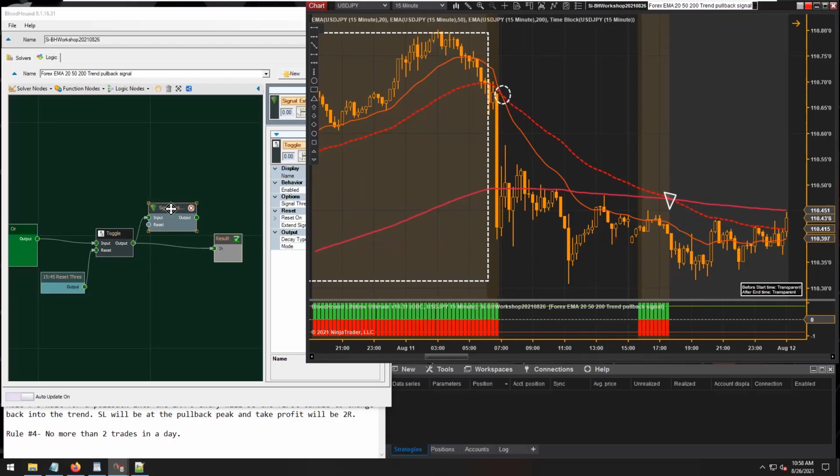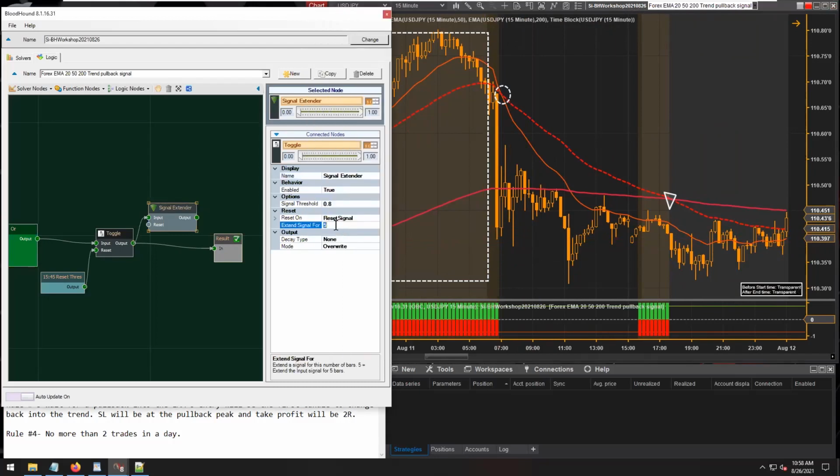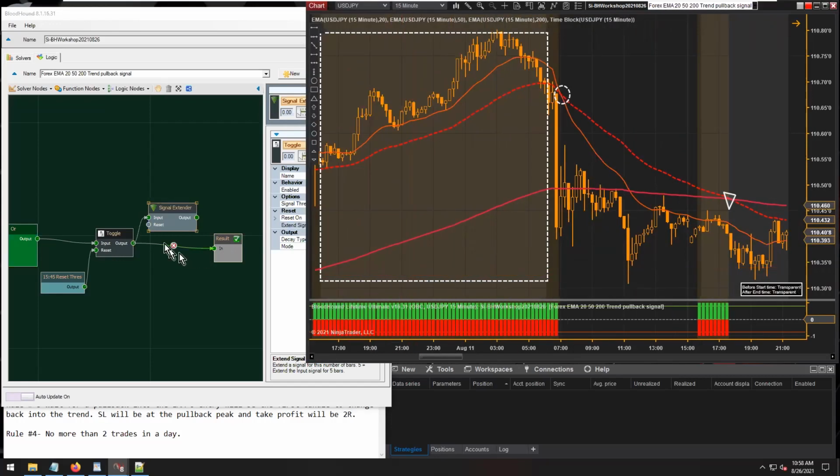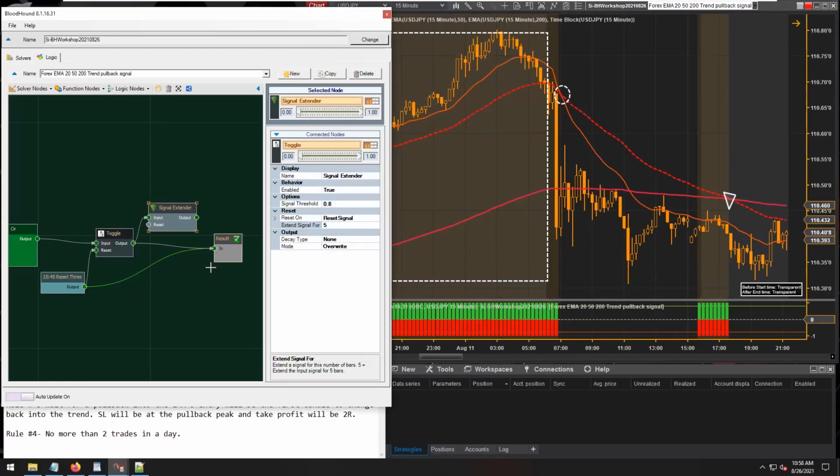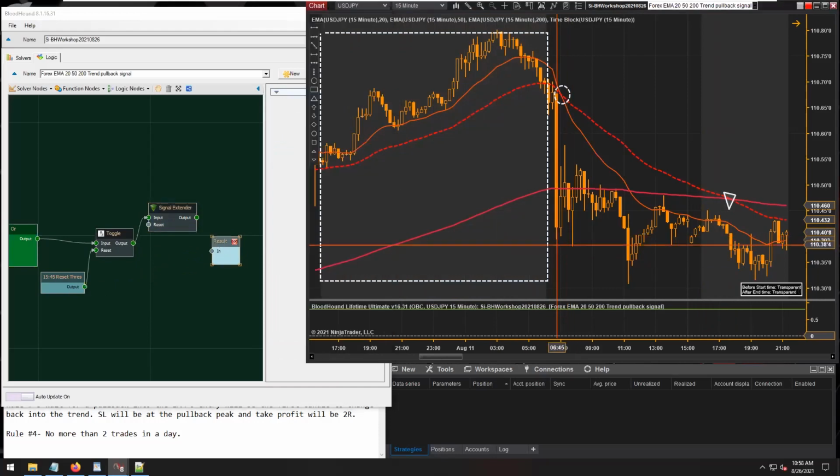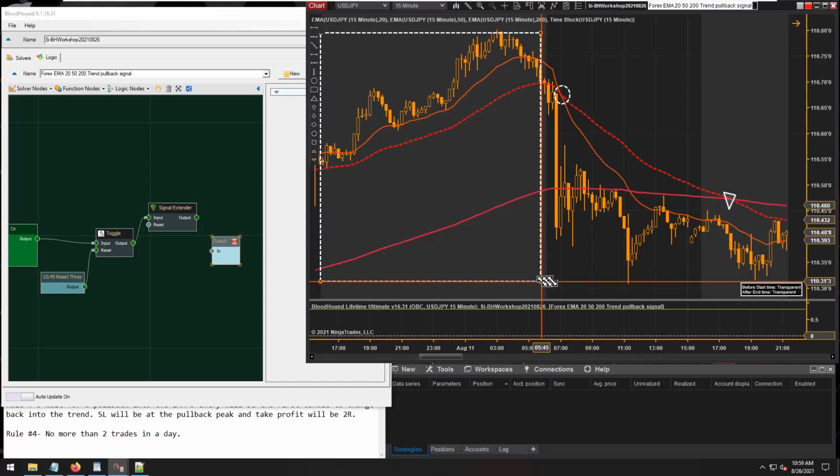Okay. So with the signal extender, I'm going to have to figure out how many bars I need to extend this toggle node. I'm simply just going to count. Actually, I'm going to disconnect everything from the result node, that way I can clearly see my time block indicator here.